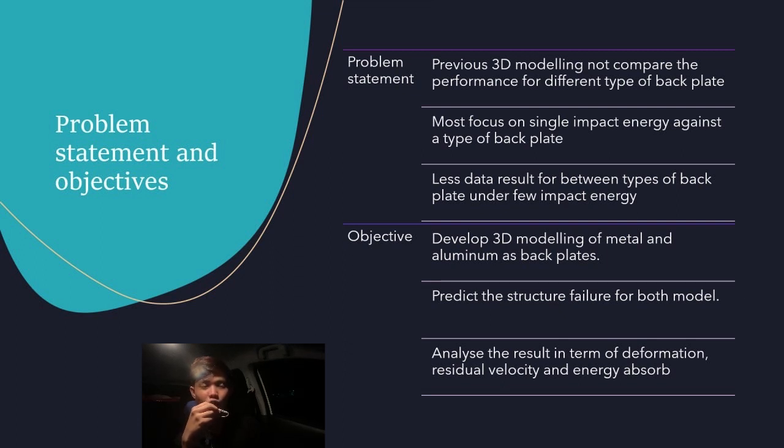So, the objective of this study is to develop 3D models of steel and aluminum as the backplates for the ceramic model. Next is to predict the structural failure for both models. The last one is to analyze the results obtained in terms of residual velocity, deformation, and energy absorbed from 3 impact energies against 2 types of backplates.